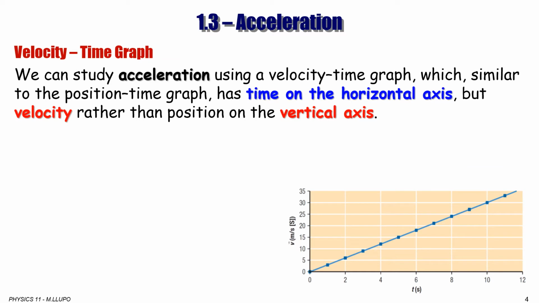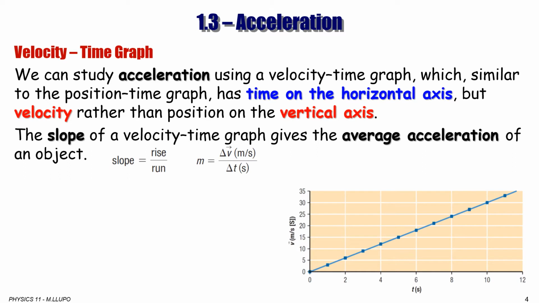If you remember, we studied motion using the position-time graph. The slope of the position-time graph represents average velocity. Now we can study acceleration using the velocity-time graph. They are similar, with time on the horizontal axis, but now we have velocity on the vertical axis instead of position.